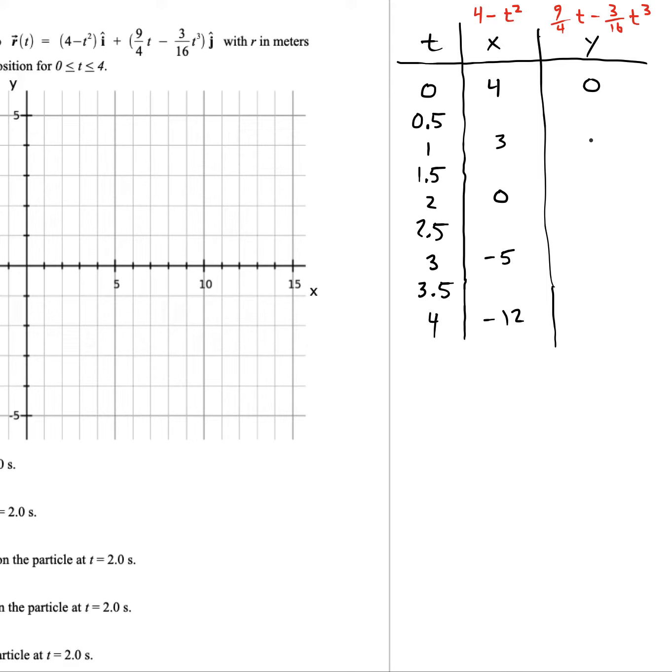I'll just put the approximate, 2.0625, okay, decimal. Then, let's see, 9/4 times 2 minus 3/16 times 2 cubed. It's apparently 3.